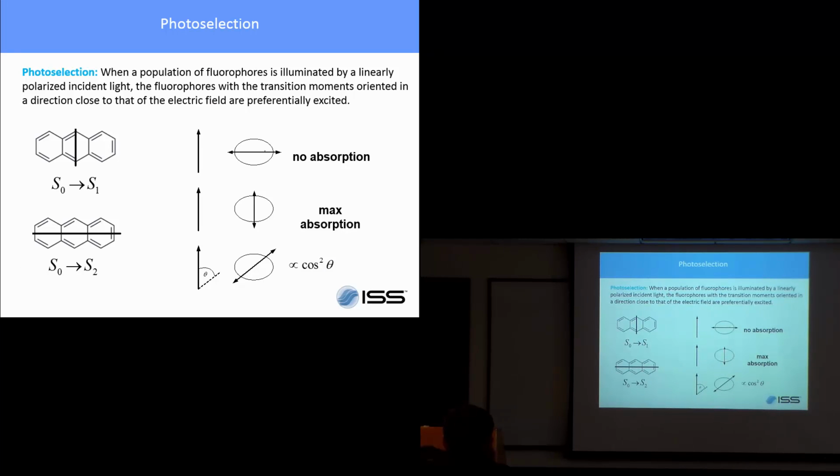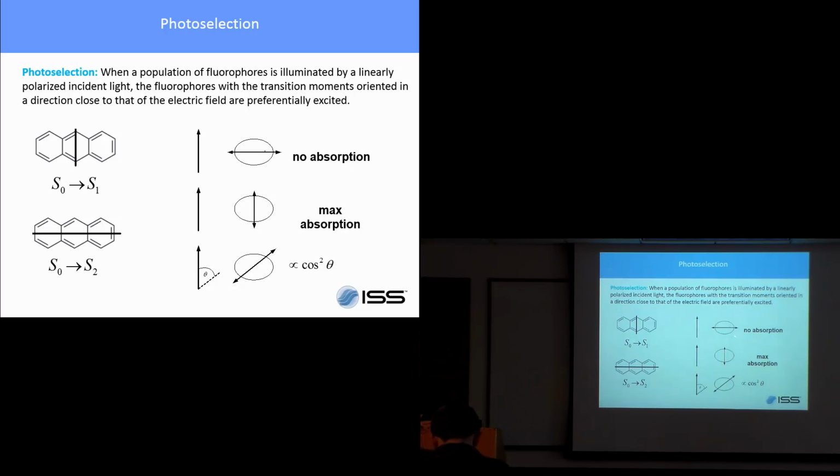Now, molecules, when they absorb light, have what are called transition moments. And there are preferred transition moments. In the case of these molecules, there is a transition moment in this direction for the ground state to first excited state, or ground state to second excited state. Light is absorbed only if the light that excites the molecule is more or less parallel to the transition moment of the molecule.